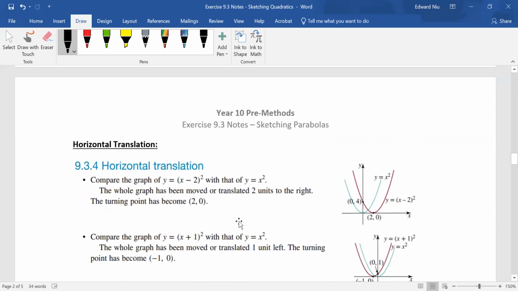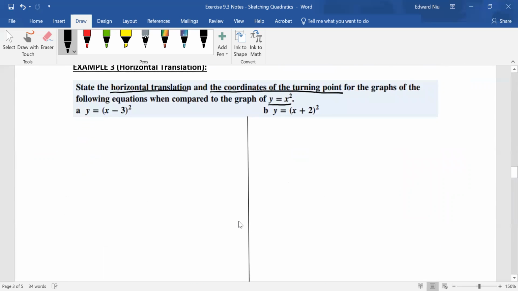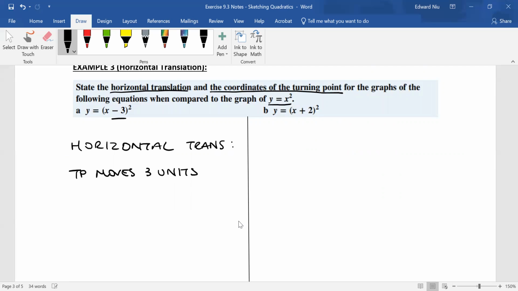So down here, horizontal translation. For A, because it's a -3, TP moves 3 units to the right of the origin.